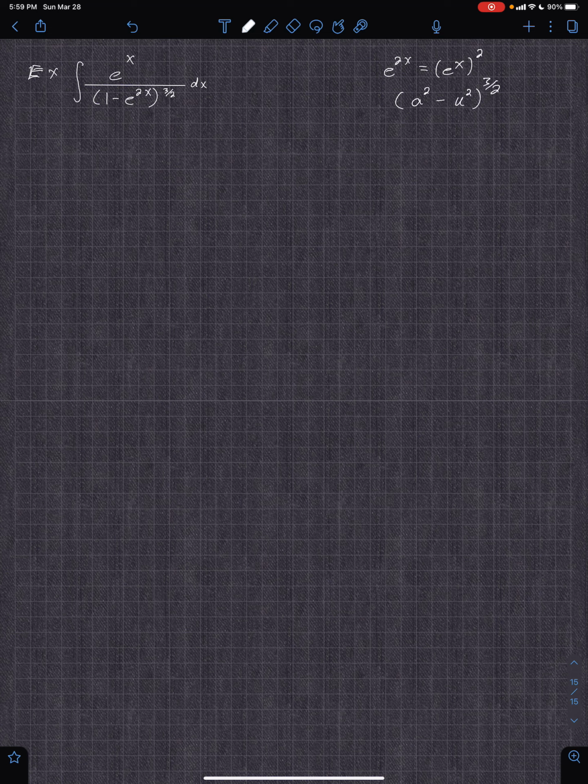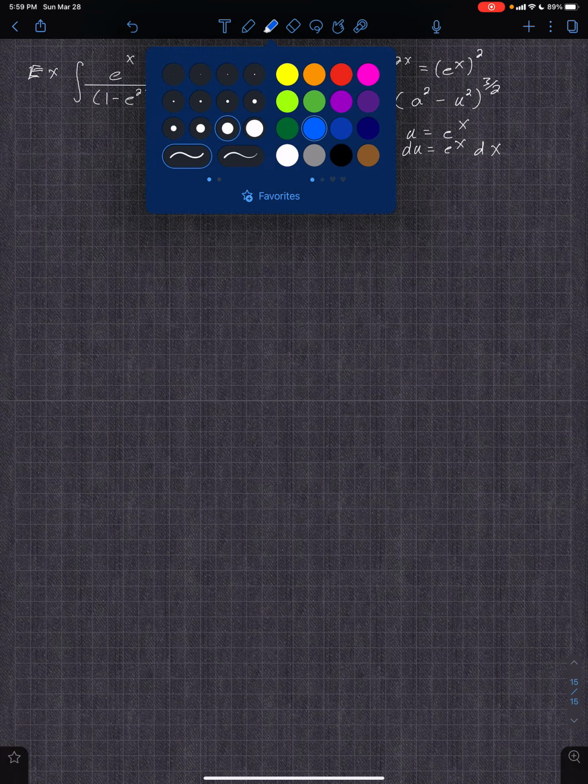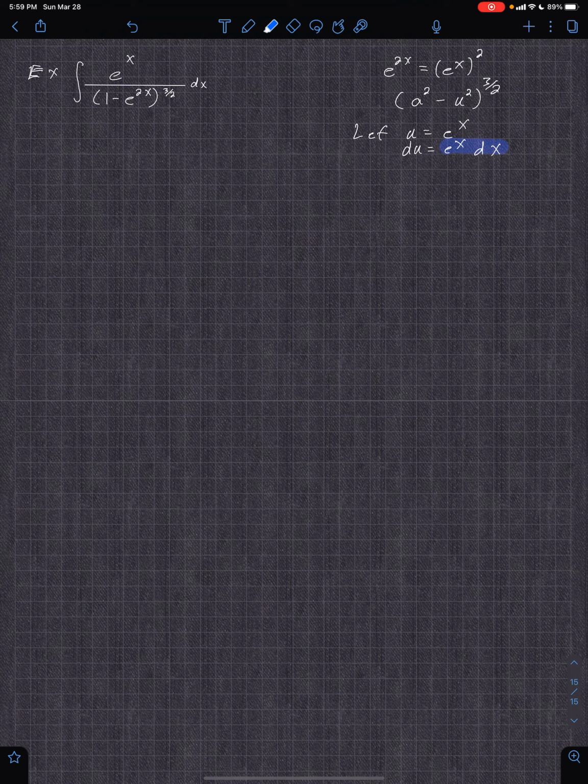Let's just do this too. If I let my u be e to the x, then my du is e to the x dx. And so the e to the x dx right here, here's your e to the x dx. So that may be able to simplify right away with my du. Okay, so copy that down so you have a separate page to look at this.